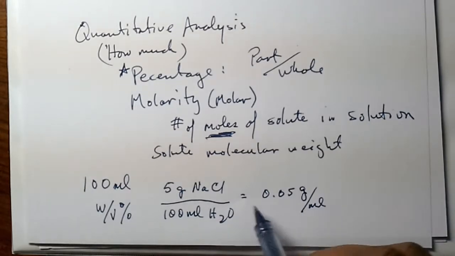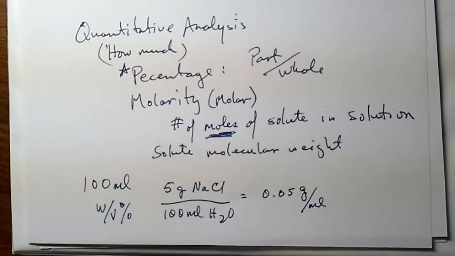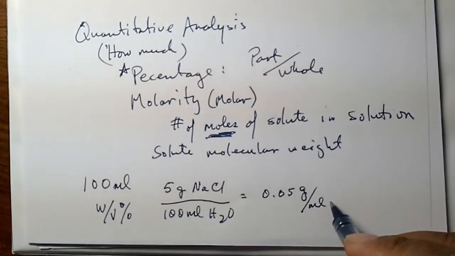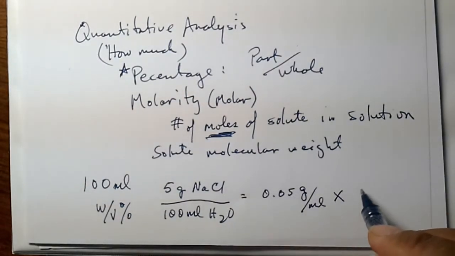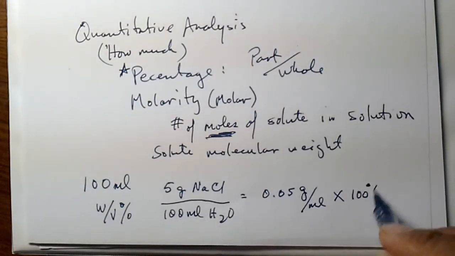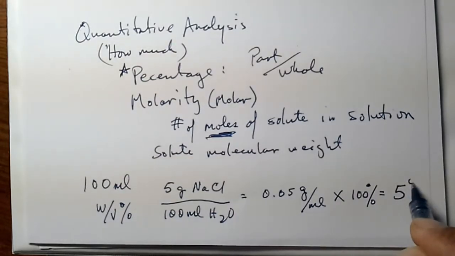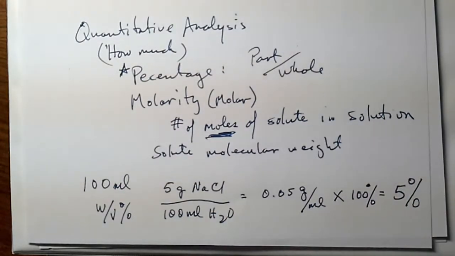But if I multiply this by 100, what's going to happen? I'm going to get a times 100%. That's going to give me a 5% solution. Because 5 grams in 100, 5 is 5% of 100.